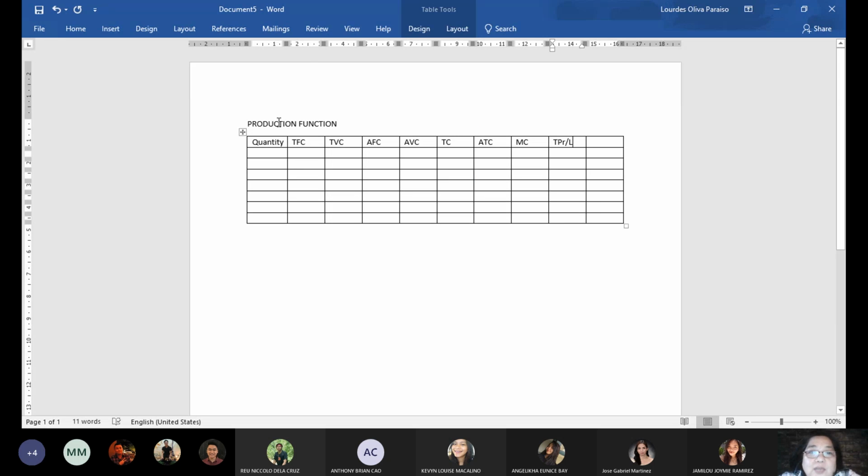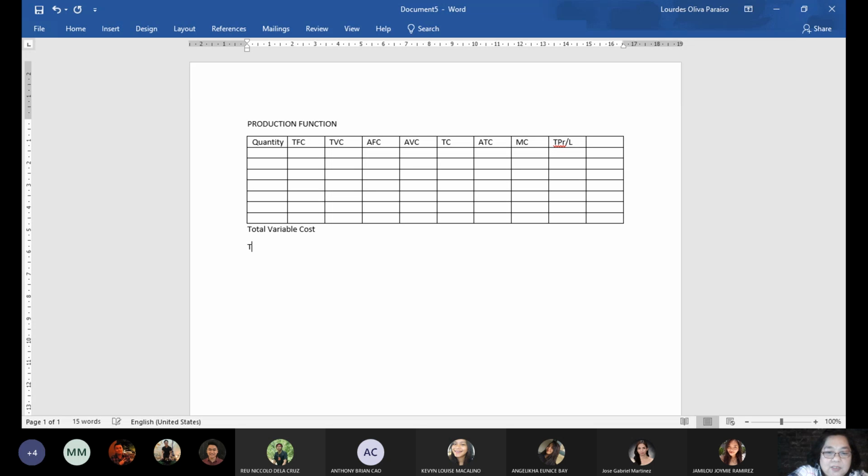Now, do you get to see the table? What is TFC? Okay, write it down. It's total variable cost, and then you have your total fixed cost. And then lahat ng A, average yan: average fixed cost, average variable cost.